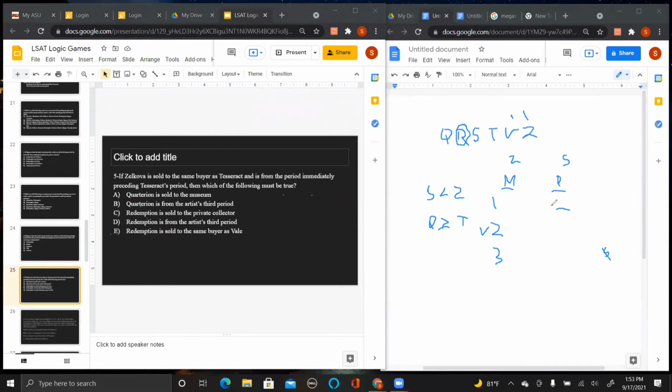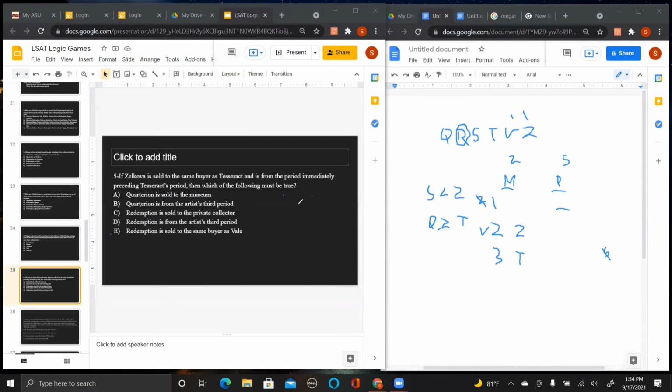If Zelkova is sold to the same buyer as Tesseract, and we know Zelkova is to the museum, so Zelkova and Tesseract are both to the museum, and Zelkova is before Tesseract, that means it has to be second, right? Why does it have to be second? Because it has to be later than S, so it can never be first. Z can't be first, because if it's first, at the most, it's equal to S.